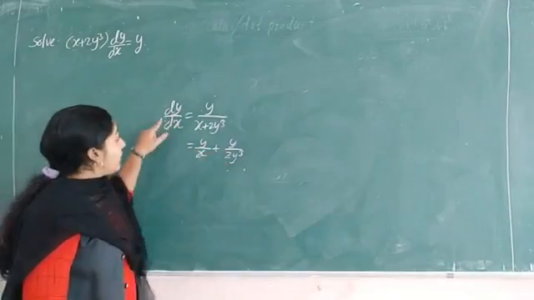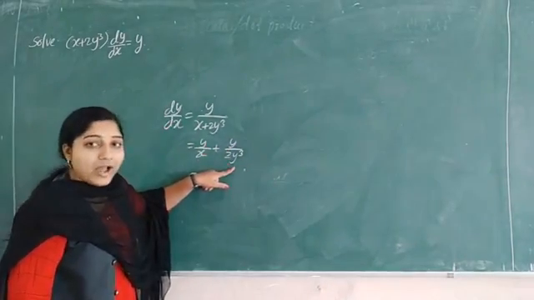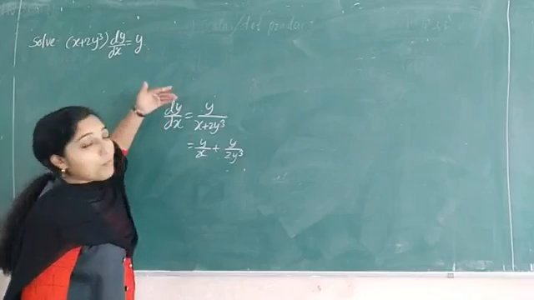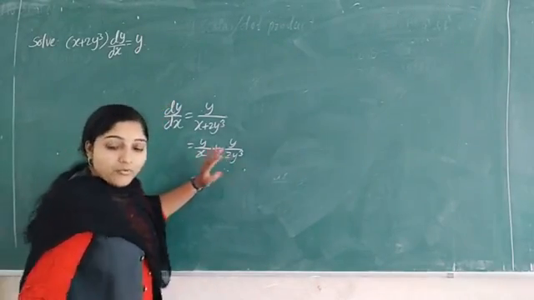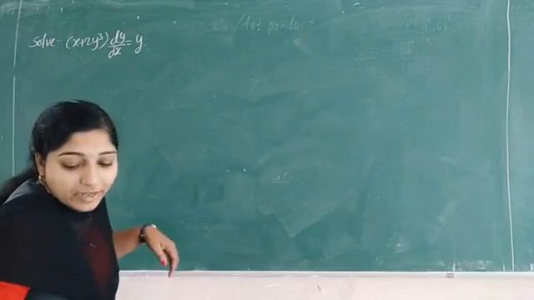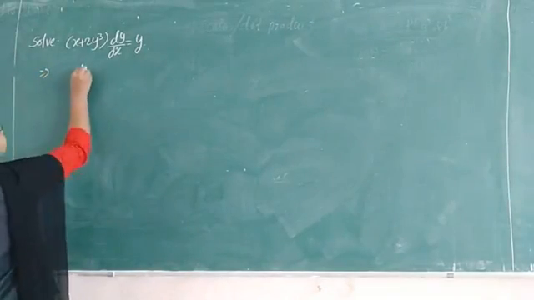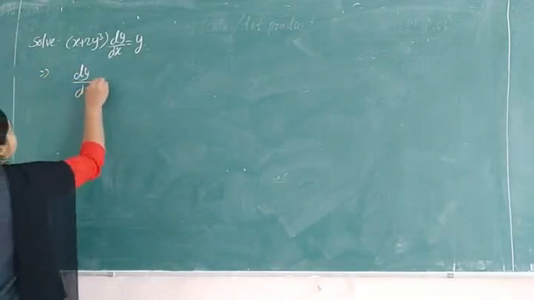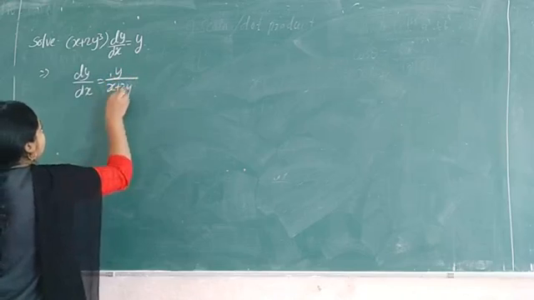So if we have dy by dx, then we want a function of x, but we have a function of y, so make it in the form of dx by dy, because here we get a function of y. For that make it in the form of dx by dy, don't consider dy by dx. So we have dy by dx is equal to y divided by x plus 2y cube.